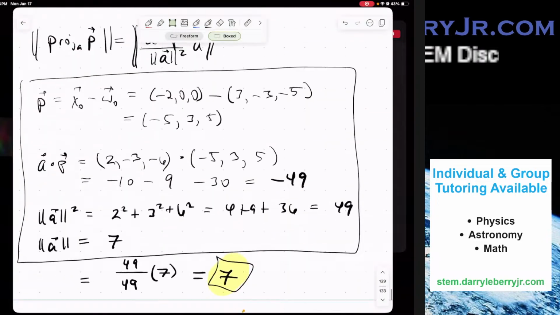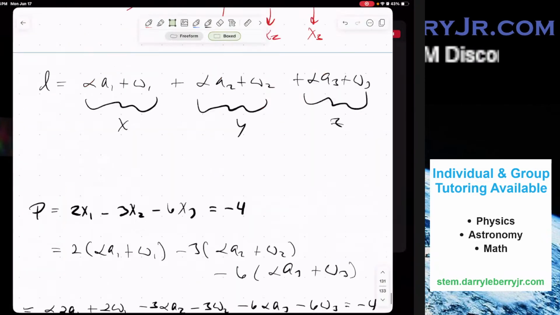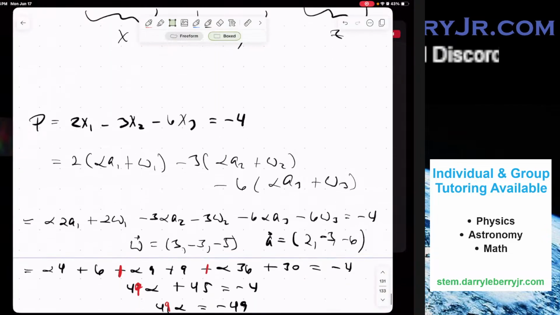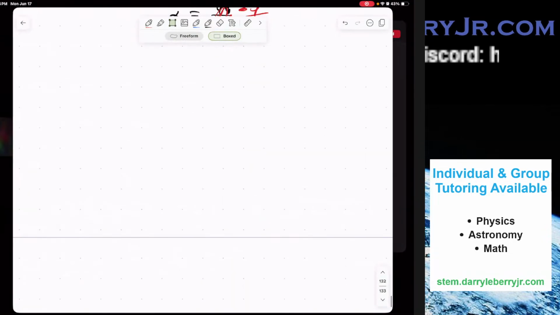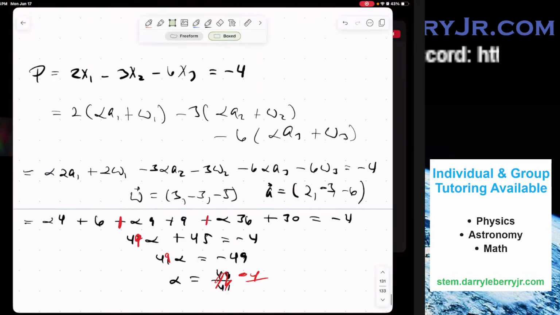Okay, I see. This is the line. Now I know what alpha is, -1.